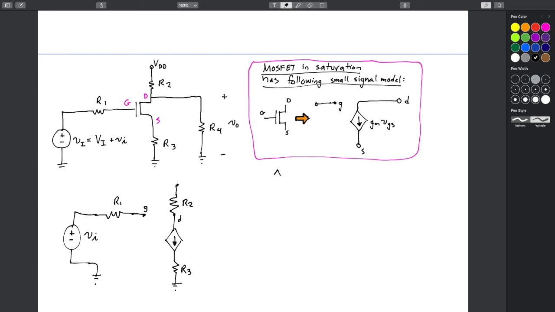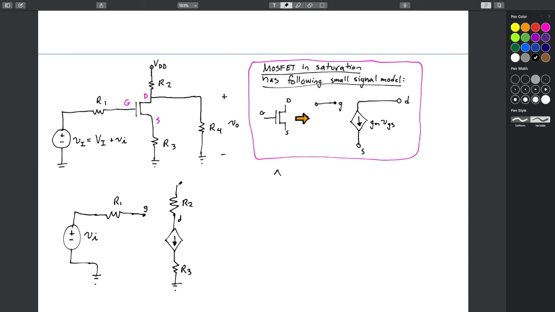Now, where does R2 connect? It connects originally to VDD, right? VDD is just a constant voltage. It actually doesn't vary at all. Because of that, we can say that VDD has no small signal element to it. Whereas the input voltage was some large signal bias voltage that wiggled around, our power supply, VDD, doesn't have that.